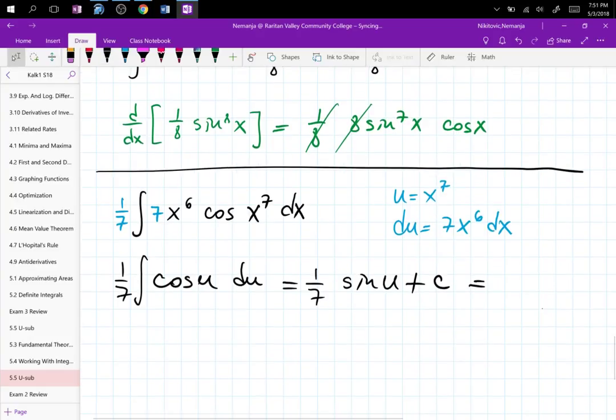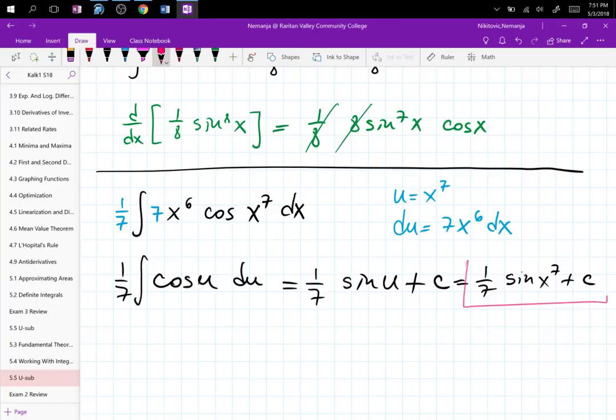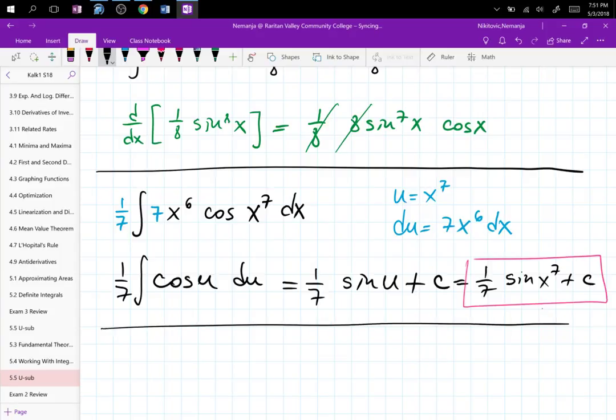And then I don't care about u, I care about x. So 1 over 7 sine x to the 7 plus c. This is u sub. We'll do one more problem, and then we're going to take it to the next level.